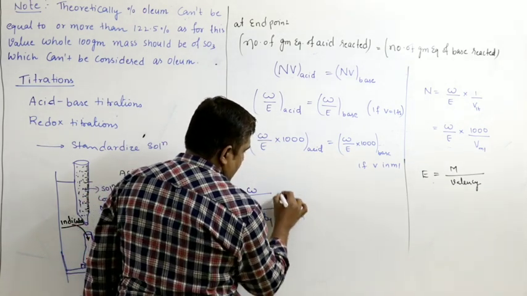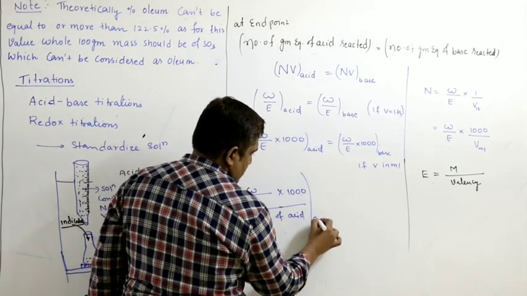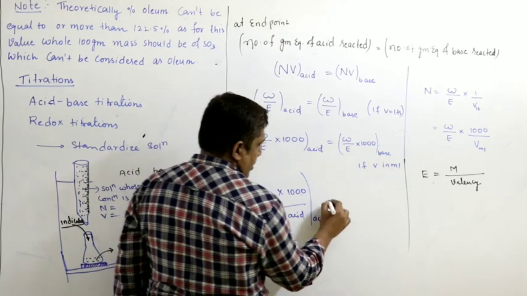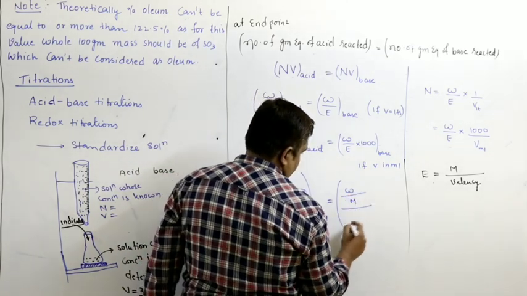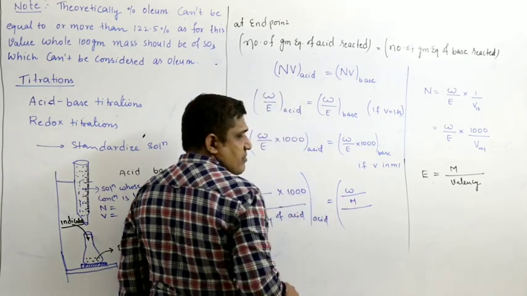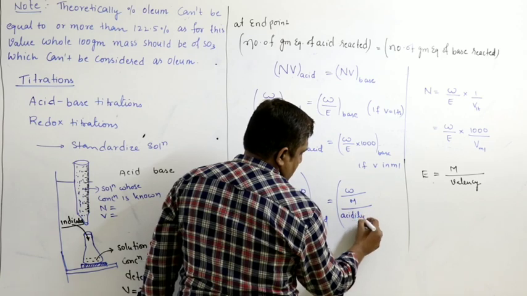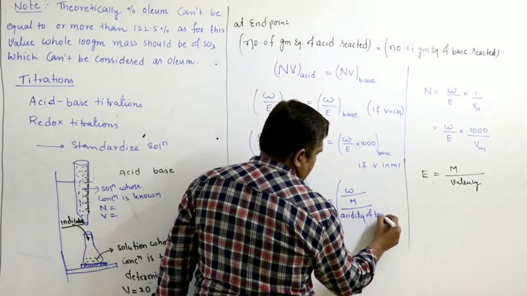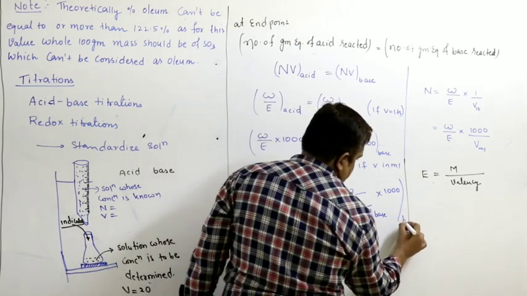Basicity of acid, into 1000. Or weight by molecular weight by, what is the valency of base? Acidity of base, into 1000. This is for base.